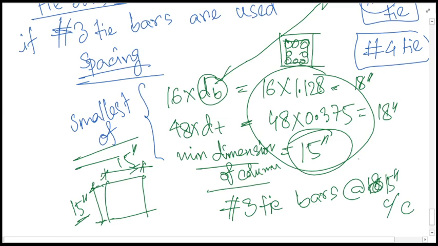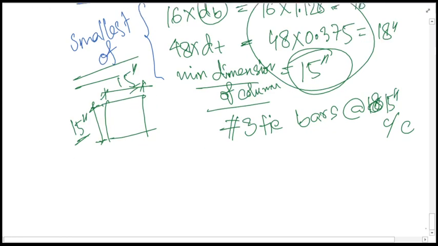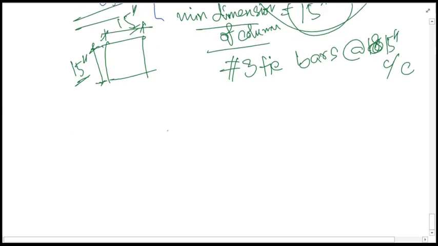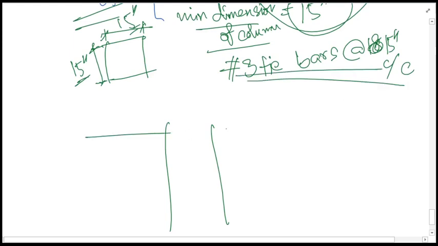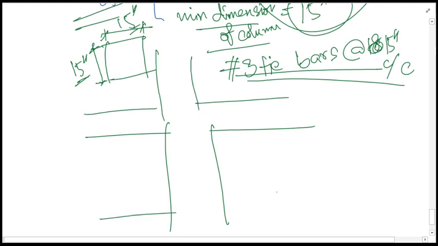All the columns, three types of columns you will have to design, and there are some guidelines. You will have to show the column reinforcement in this type of view.